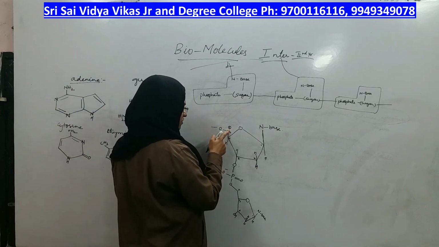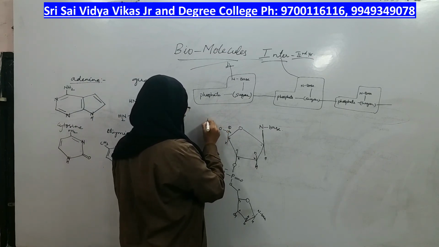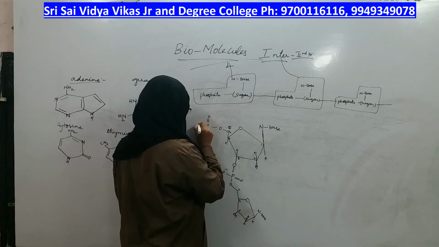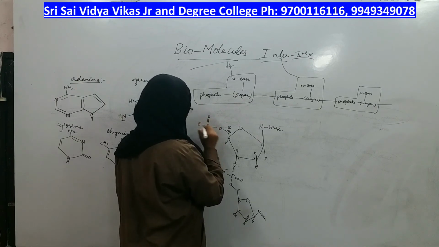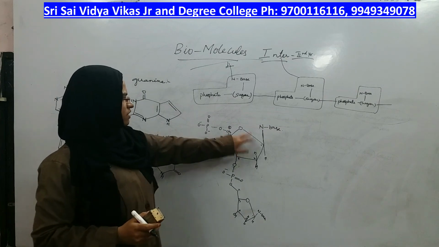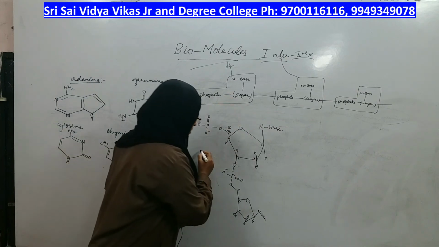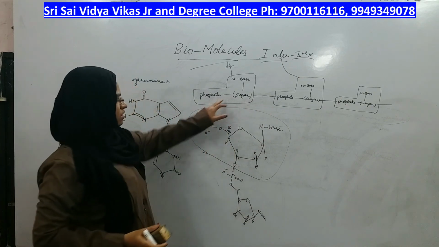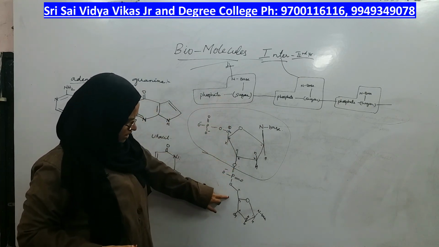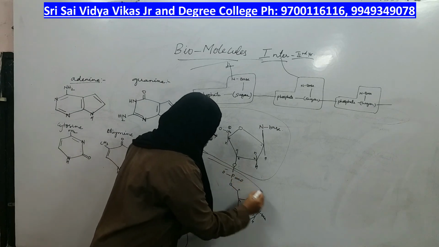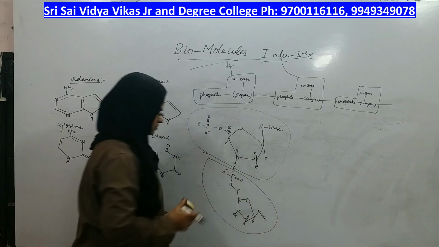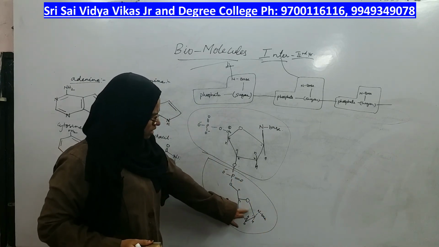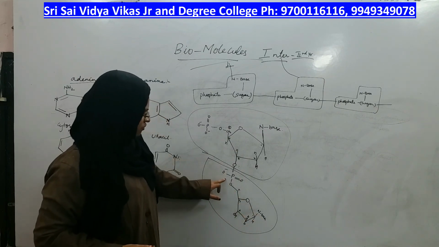On the fifth carbon there is one more phosphate, right? This is one nucleotide. Where is the next nucleotide? Next nucleotide is this. In the next nucleotide also there is sugar, nitrogen base, phosphate.